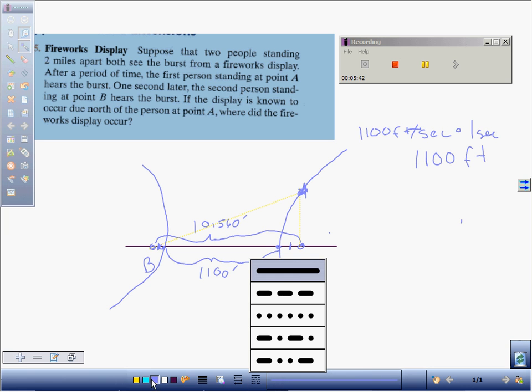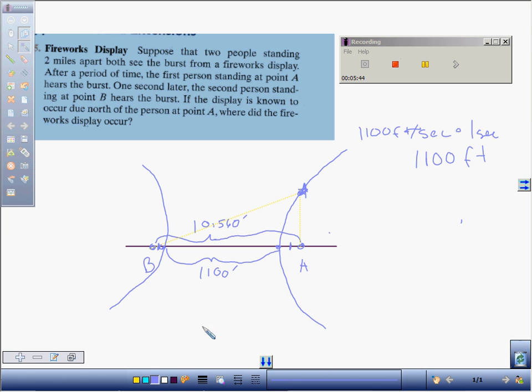So if I were to draw an XY axis in here, I need my straight line tool.